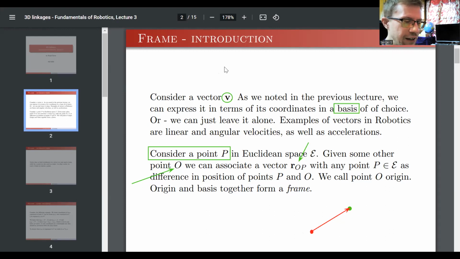But that would be completely equivalent to saying, okay, we have a coordinate system, and we'll associate with each point vectors like this.